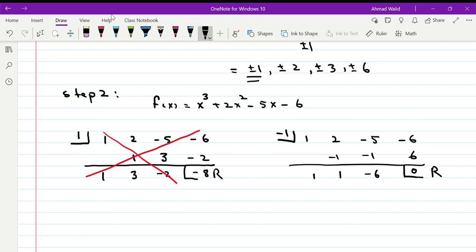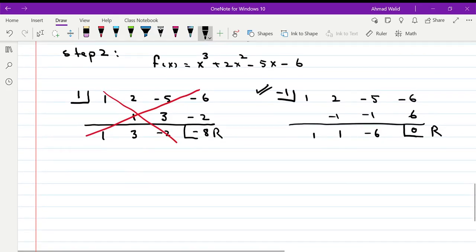Your remainder is 0. It means negative 1 is one of the zeros of this polynomial function. Correct? Okay, as soon as I found one of them, I will try to factor it.